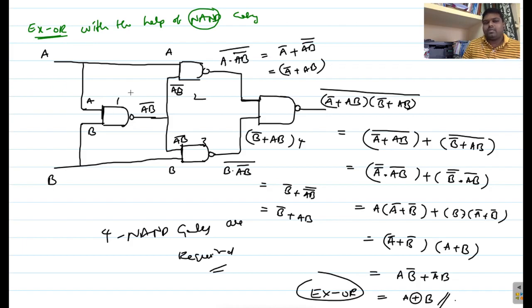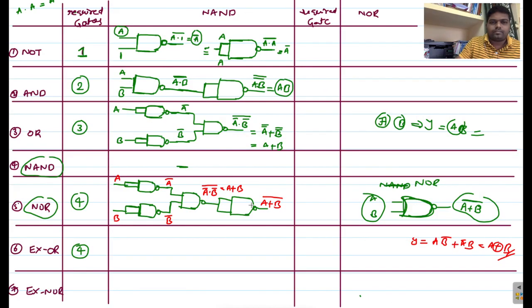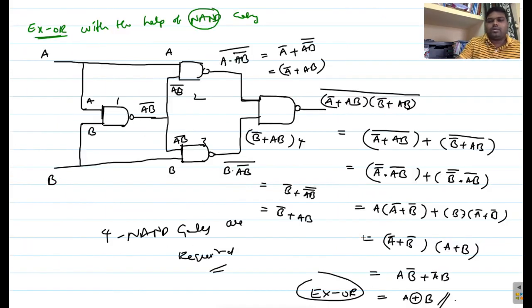And next one is what? XNOR logic. So to implement this XNOR logic, we require a total of 5 NAND gates. That means here we already get A XOR B, right? So we require A XOR B whole bar. To invert this particular A XOR B, we require one more NAND gate here.